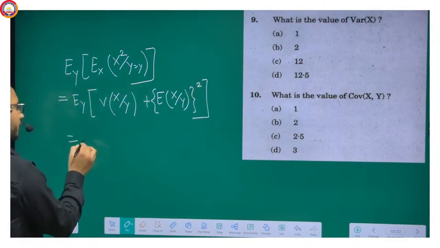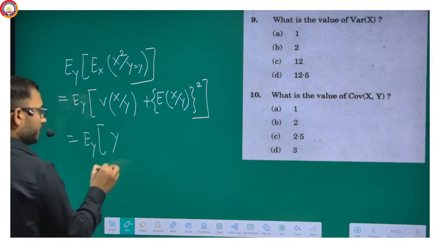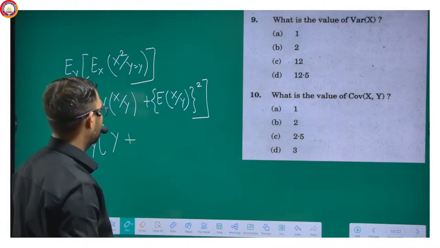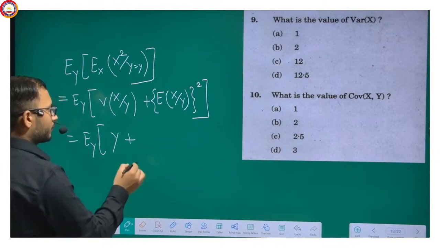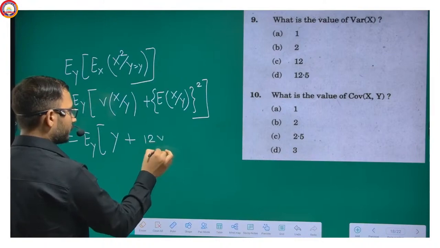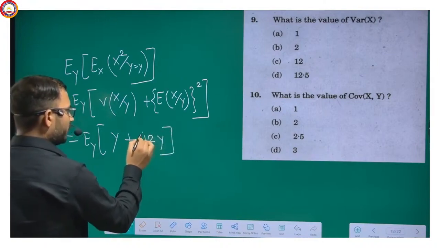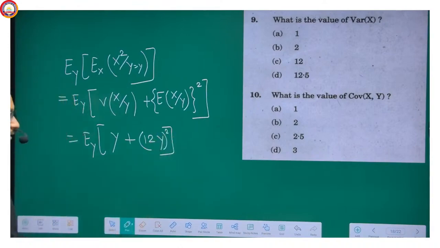And variance of x given y is y, and expectation of x given y is 12y. Isn't it? So there should be a square of it.